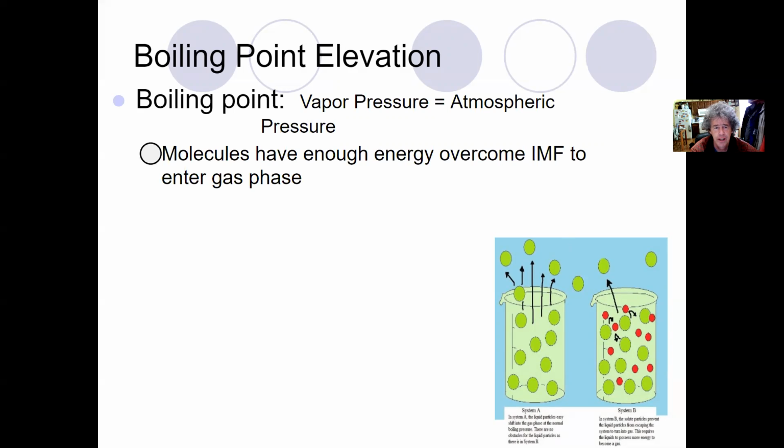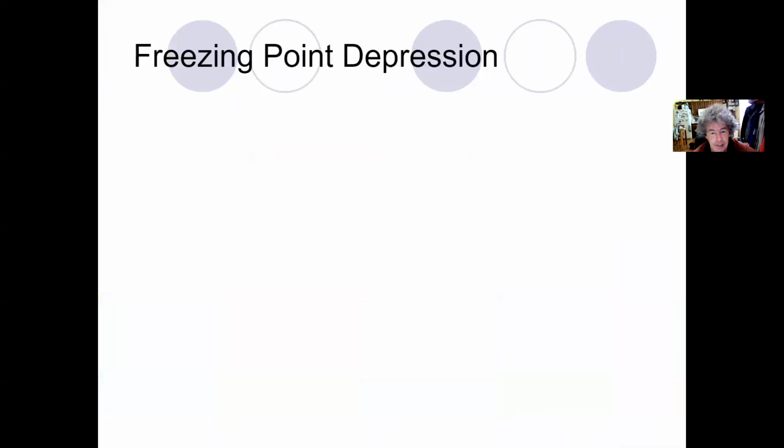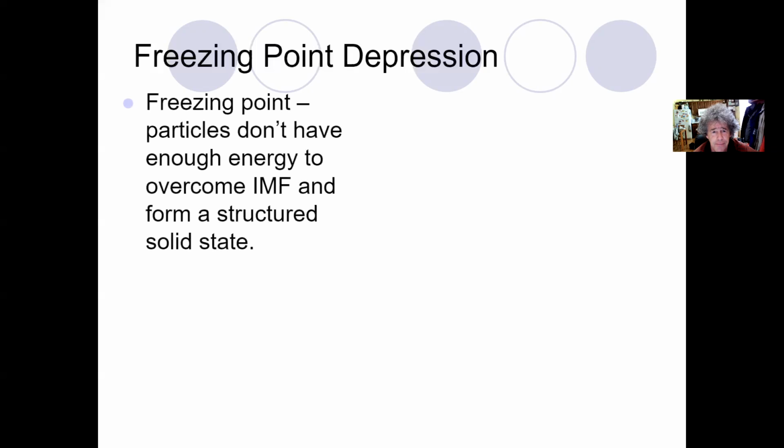So in order to boil, essentially molecules have to have enough energy to overcome the intermolecular forces to enter the gaseous phase. And like I said, solutions have a higher boiling point than pure solvent. Now, interestingly, it's inverse for freezing point depression.